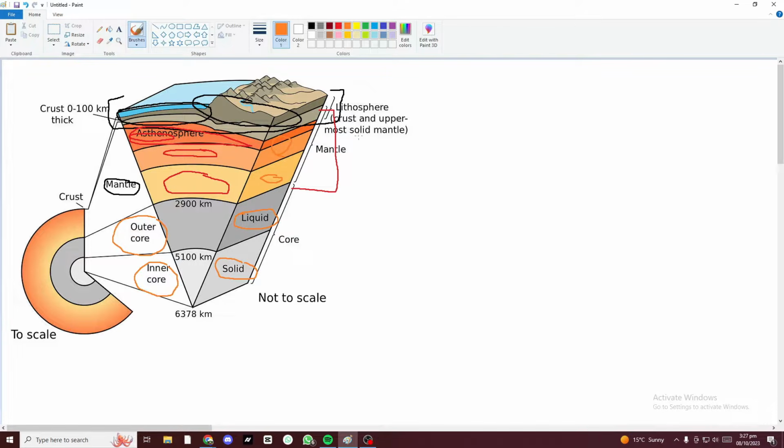So all of this weight and gravity acts onto this inner core. And then this whole section here is under the greatest pressure, and it is extremely hot. Yeah, that's about it for the cross section of the Earth.